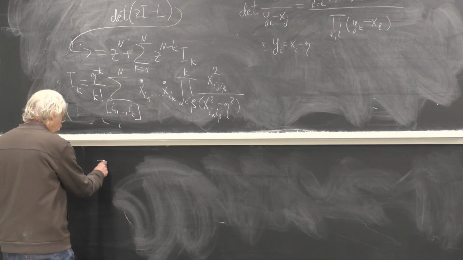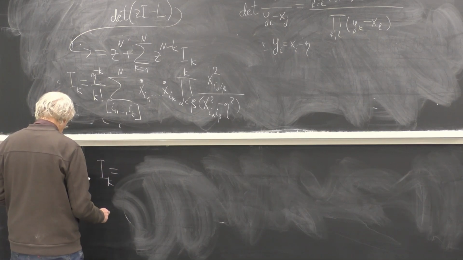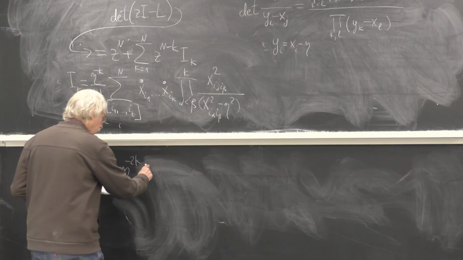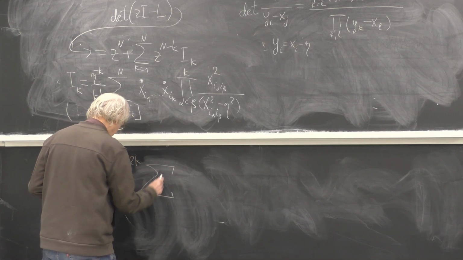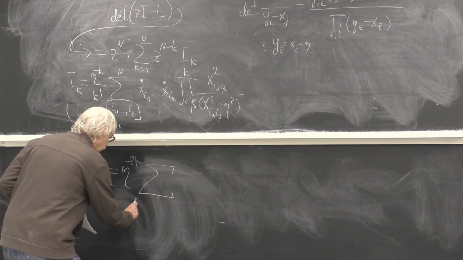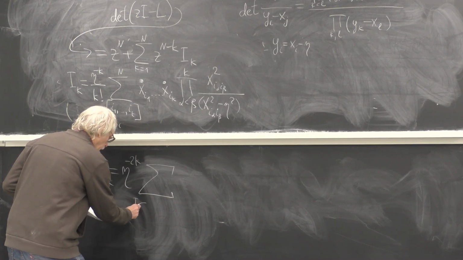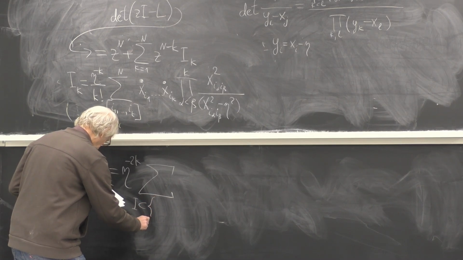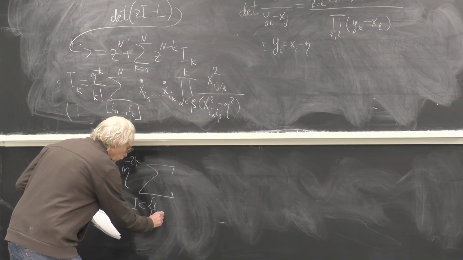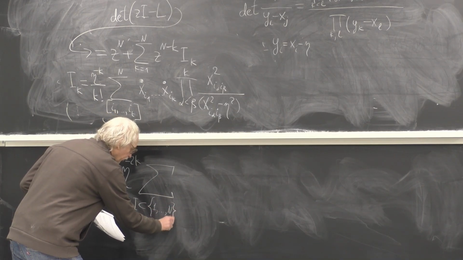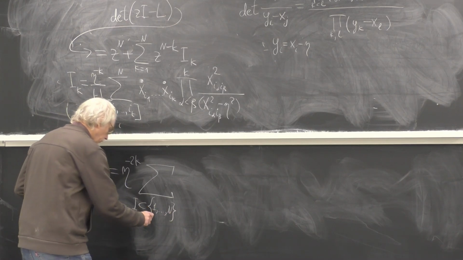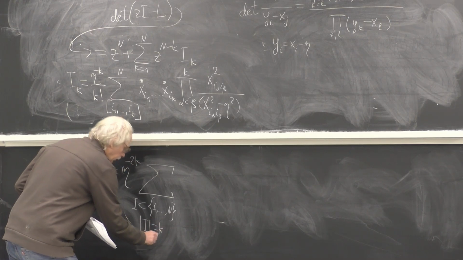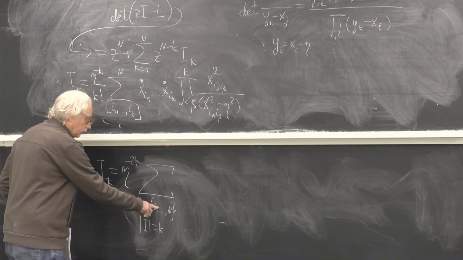In terms of momenta, these integrals can be written in the following form. I is some subset belonging to the set of numbers from 1 to n, and the number of elements in this subset is k.